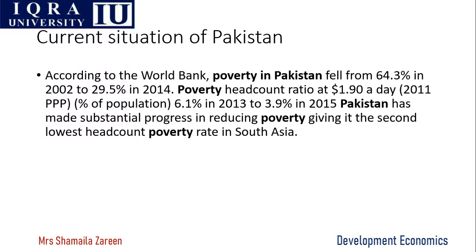You can see the poverty headcount ratio at $1.90 a day, that is the poverty line, fell from 6.1% in 2013 to 3.9% in 2015. Pakistan made substantial progress in reducing poverty, giving it the second lowest headcount poverty rate in South Asia.